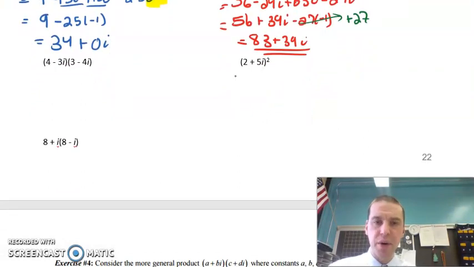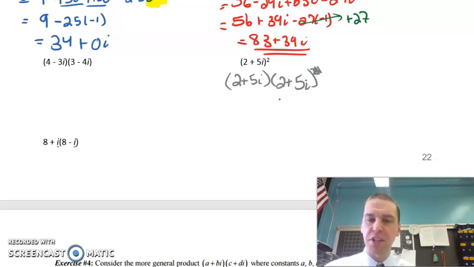Here we've got squared. Therefore, we need to write it out twice. You do not, let me repeat, you do not ever write this as 4 plus 25i squared. You will always get it wrong. Please do not do that. You always have to expand. So 2 times 2, 4. 2 times 5i, plus 10i. 5i times 2, plus 10i.